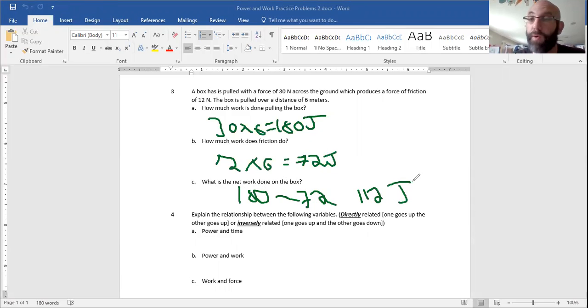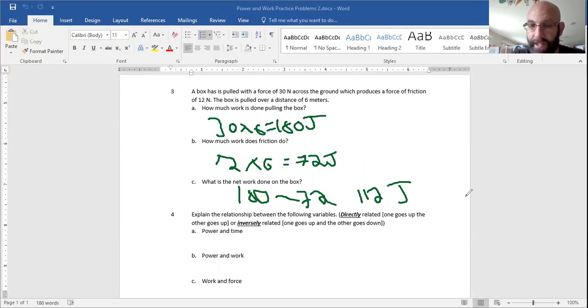If you wrote down 18, that would be the net force, because that's 30 minus 12, and you could do it that way. Let's say you found the net work via the net force.